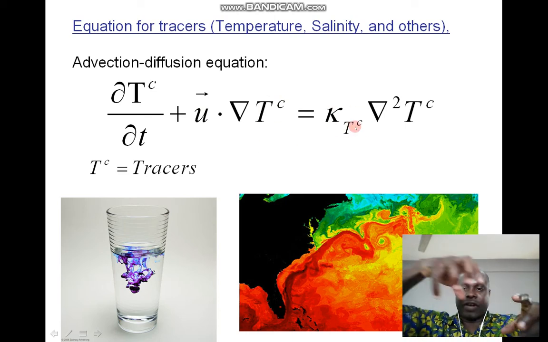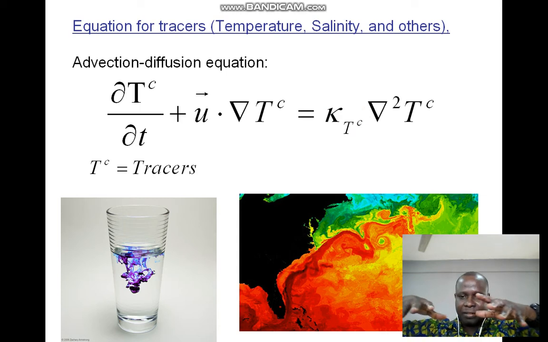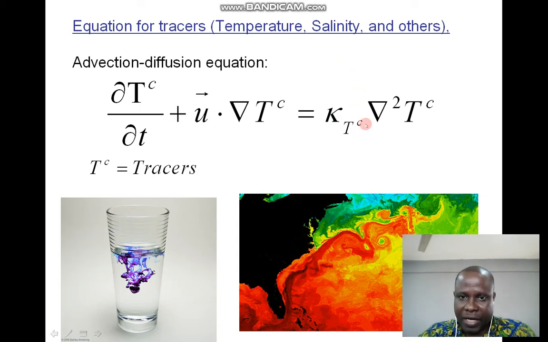At the same time, it is diffusing, so this describes the diffusive aspect of it. This is a diffusivity coefficient. So it's called an advection: it's being advected or moved around by the velocity. It is diffusing because it's a tracer that is being diffused, and this depends on the type of tracer.